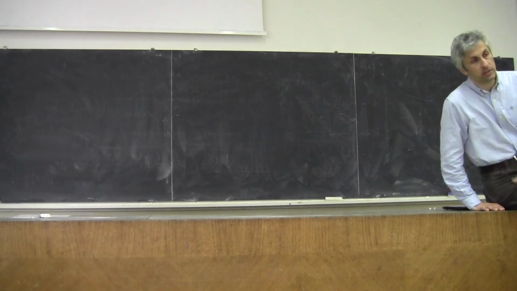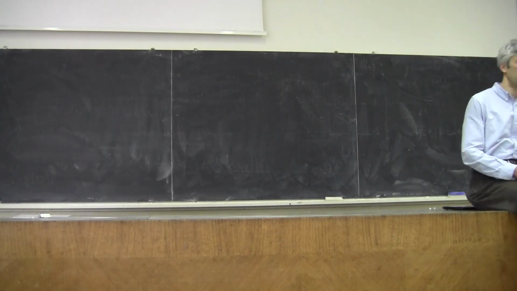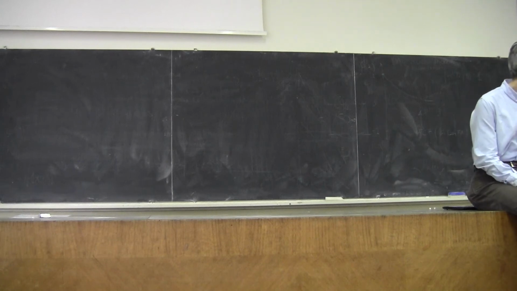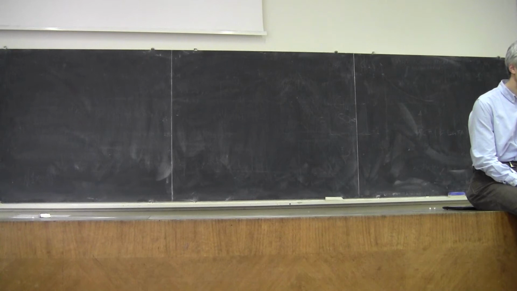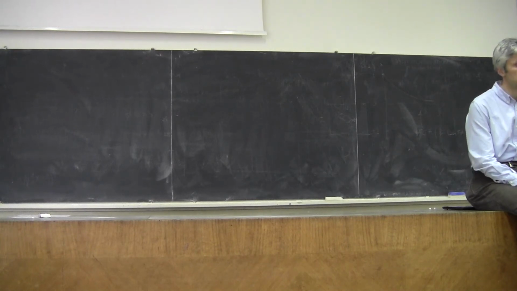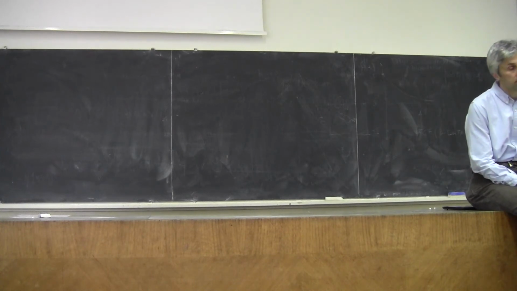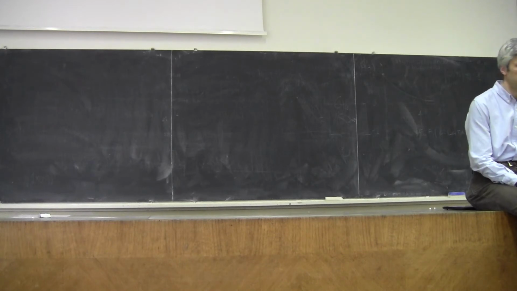So basically, this test on the autocorrelation function, if it tells you that there is no correlation, again, you may conclude that if the data are Gaussian, they are independent. If the data are non-Gaussian, then it's likely that they are independent, but you are not sure.